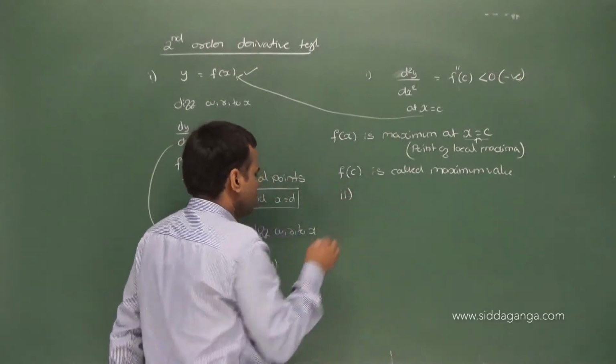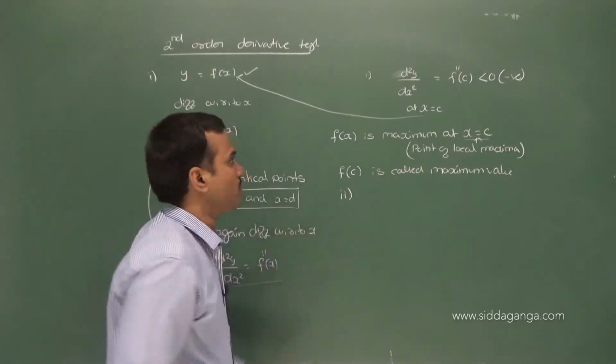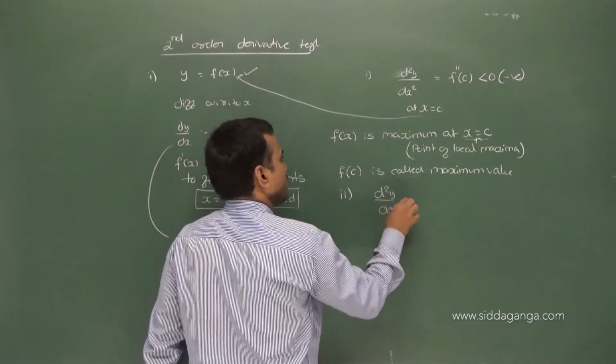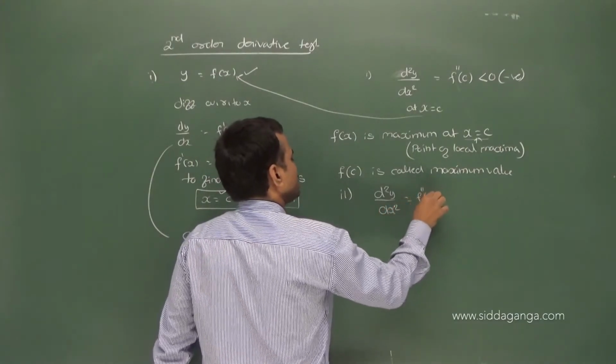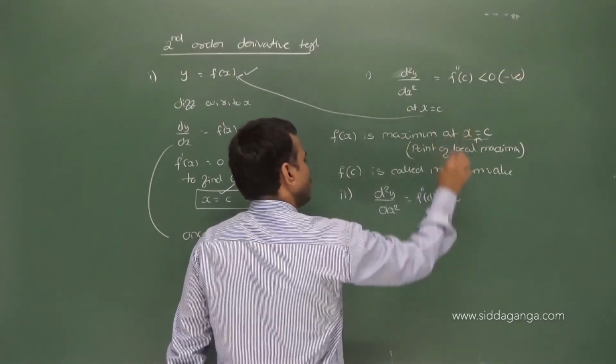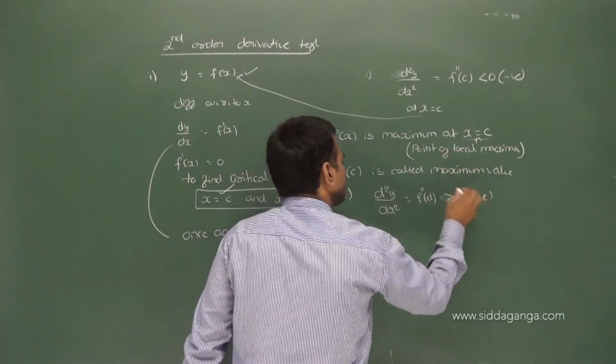Second one, so one more point is there, critical point d. The second derivative, f double dash of d, greater than 0. Negative is over, now it is positive.